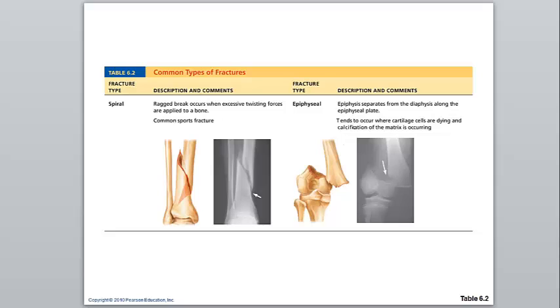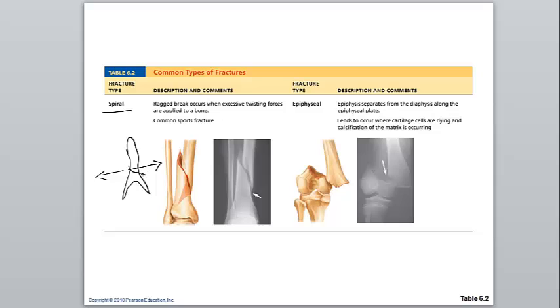The next one is very common among athletes. This is the spiral fracture. In this spiral fracture, when a person is trying to move in one direction, the whole body is trying to move in one direction, but the bone is moving in another direction.